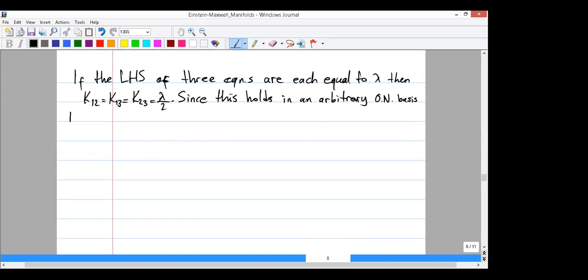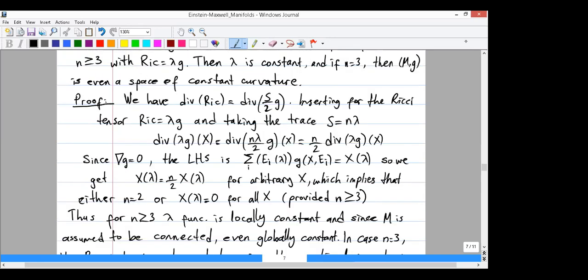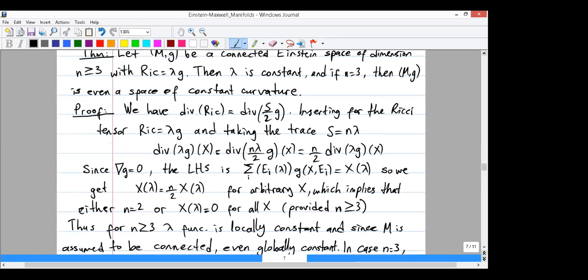That's what we stated in the theorem. For n equals 3, we have constant curvature.